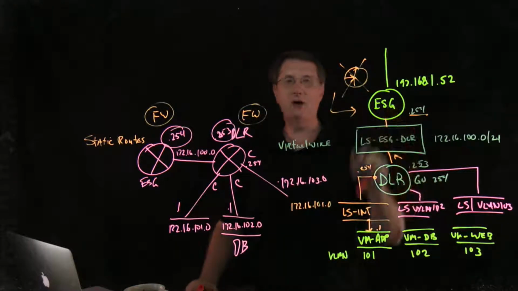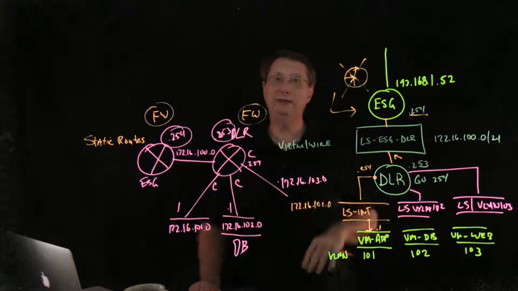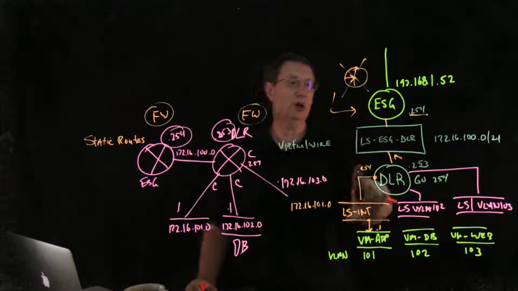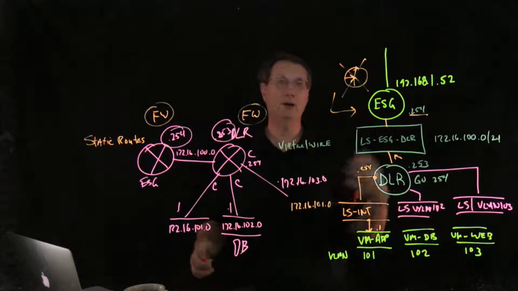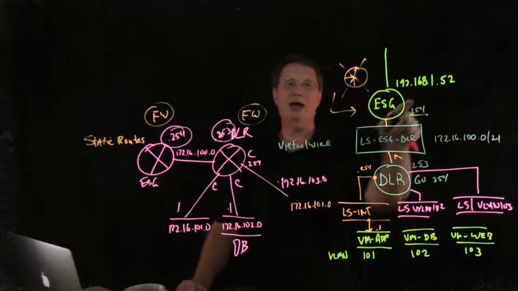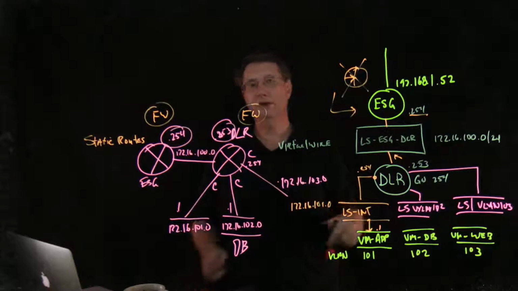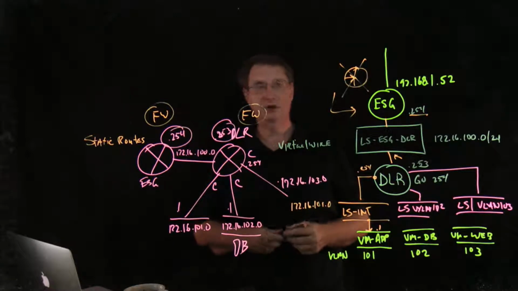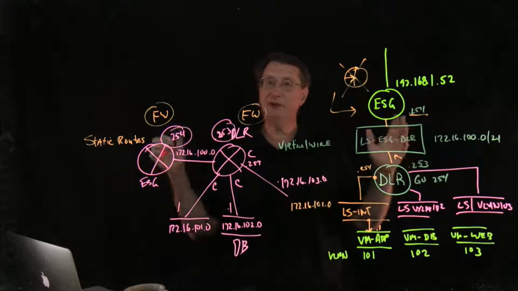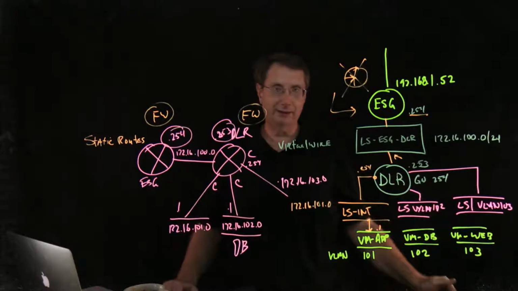And now we have all of the reachability. I have my east-west reachability being handled by my DLR, which is currently operating in my hypervisor. Later on we'll modify and expand that. And any of my north-south traffic would have to be, based on my current design, required to egress and ingress through the Edge Services Gateway. So what you have here is a fully functional network environment, just short of running routing protocols.